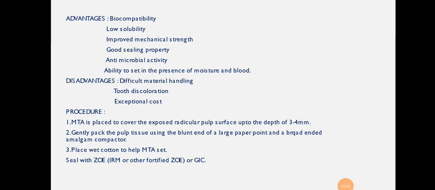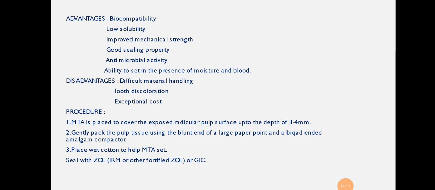It has the advantages of biocompatibility, low solubility, improved mechanical strength, good sealing property, antimicrobial activity, and the ability to set in the presence of moisture and blood. It has a few disadvantages like difficult material handling, tooth discoloration, and exceptional cost. The procedure we follow while using MTA is: it is placed to cover the exposed radicular pulp surface up to a depth of 3 to 4 millimeters.